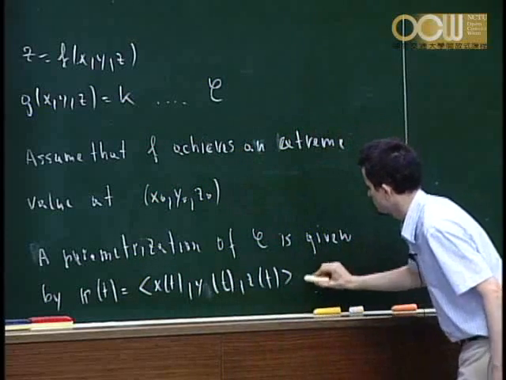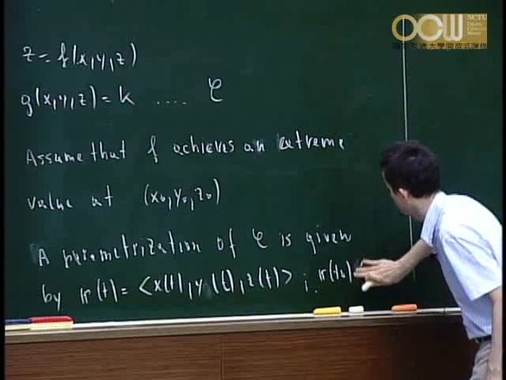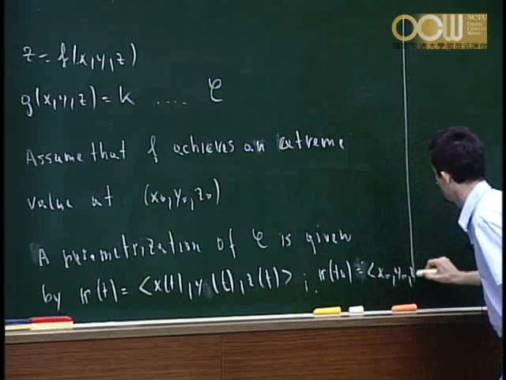And let's assume that r of t0 is our point x0, y0, z0.